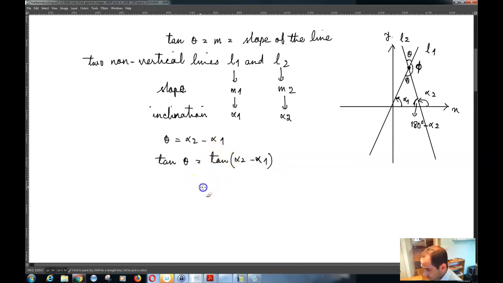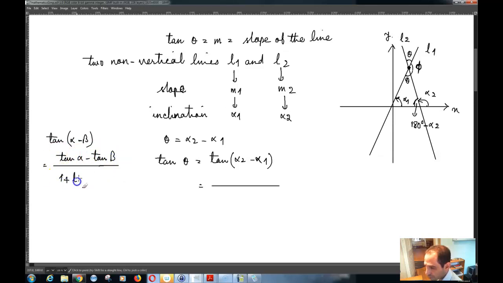And tan of alpha minus beta is equal to tan alpha minus tan beta over 1 plus tan alpha tan beta. Based on this formula, you can write this as tan of alpha 2 minus tan of alpha 1 over 1 plus tan of alpha 2 tan of alpha 1.